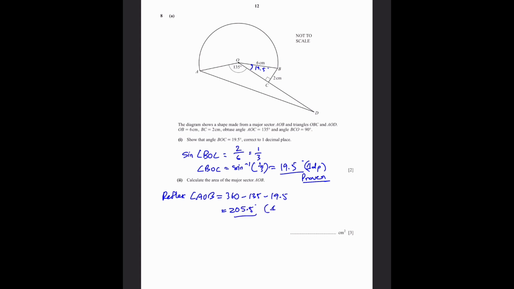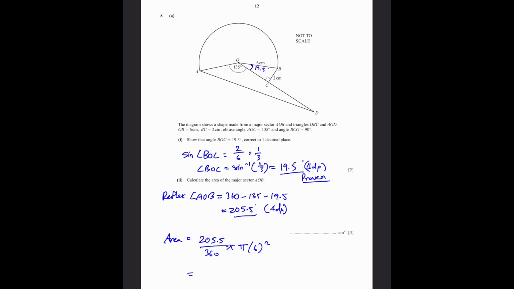Of course, this is to 1 decimal place. And now the area of the major sector is going to be equal to this angle, 205.5 over 360 times pi r squared, which is pi times 6 squared. This area is just the area of the full circle if we drew it out. And multiplying by this gives us the area of the sector.